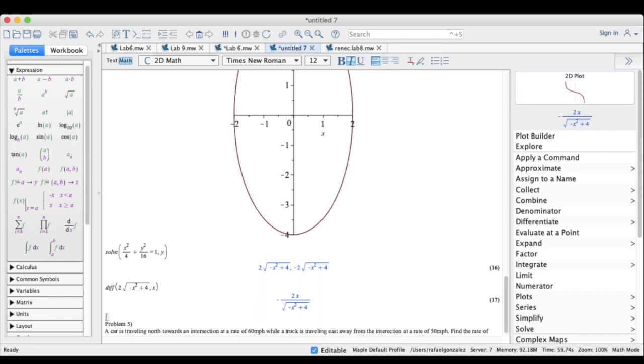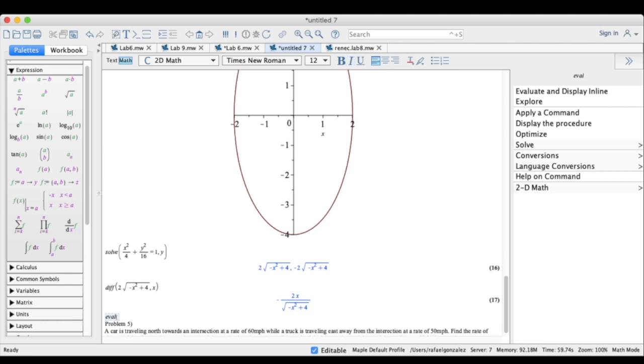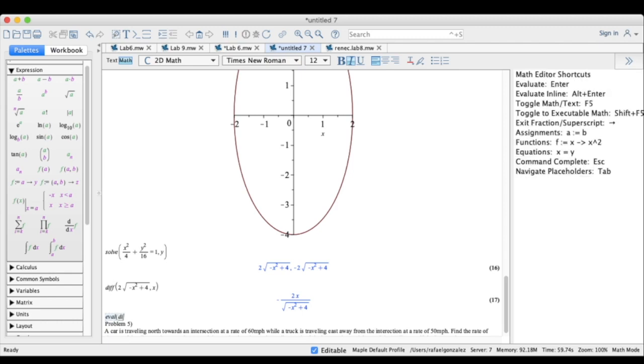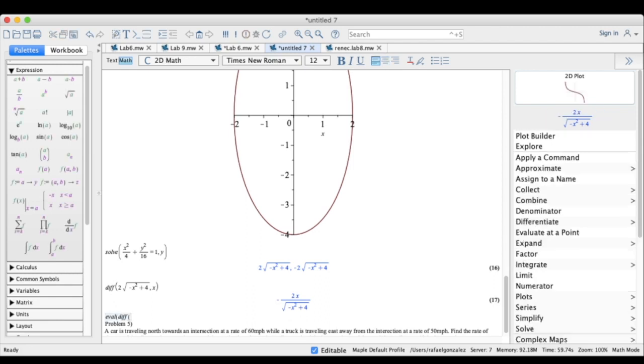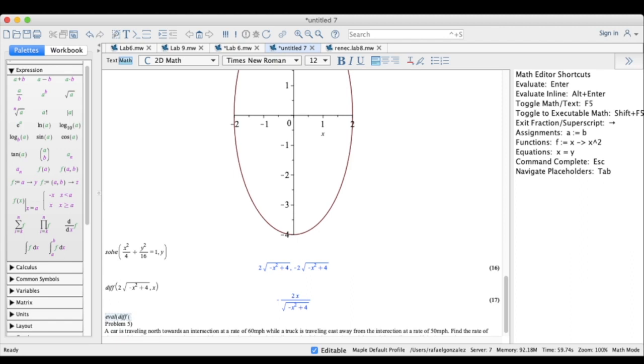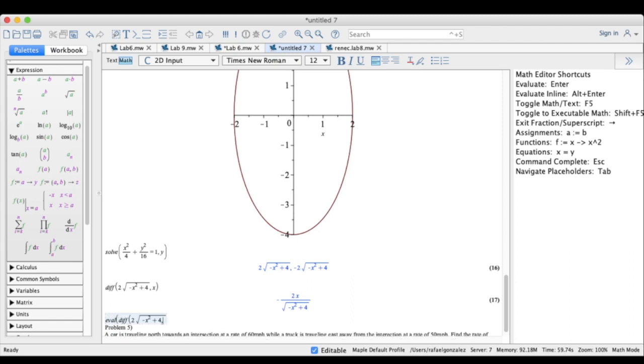So let's see. Let's do an eval command. So let's do eval, and we'll look at the derivative. I could just put this in there, it doesn't really matter, but you could have also done eval then diff, so a nested command, and then you could do x equals 1, which is where we want to find the slope.